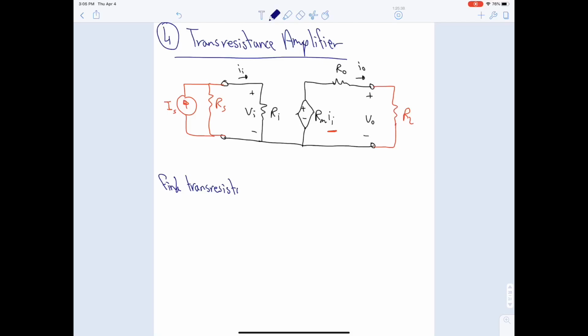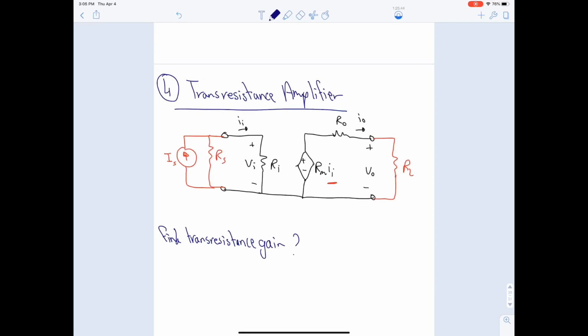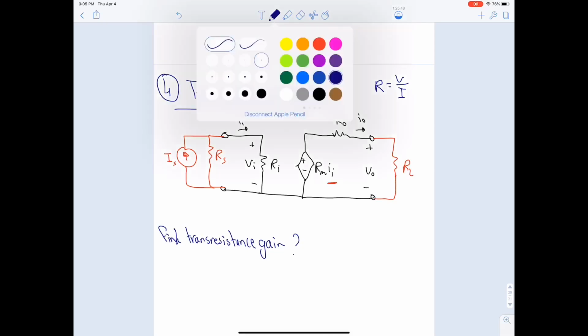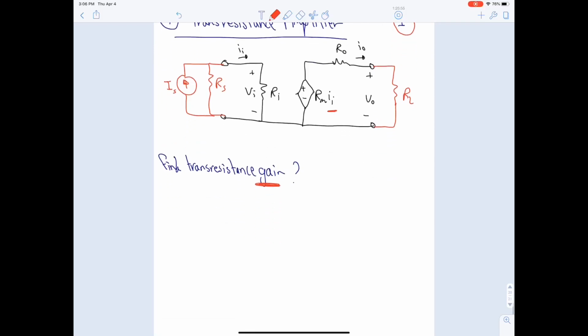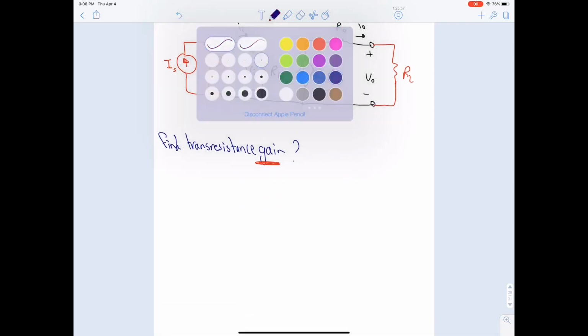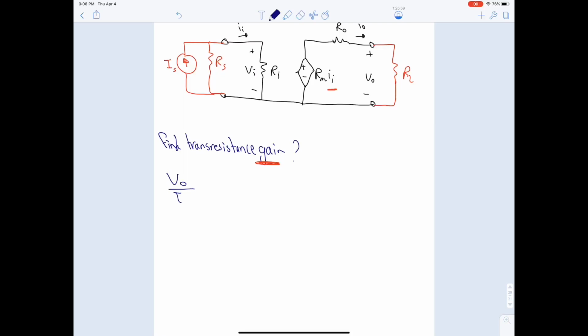What's the transresistance gain? Resistance is V over I. Now, as they want a gain, it should be V output divided by I input.